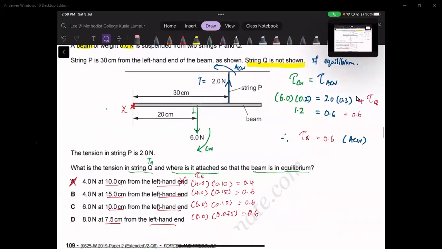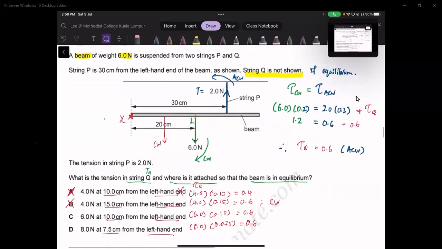If it's 15 cm from the left-hand end, 15 cm is about here. This one is clockwise. So B is out already because B is clockwise. Correct? 10 cm. Where is 10 cm from the left side? Even closer here. This is also clockwise, right?